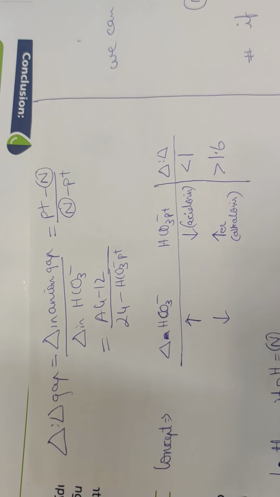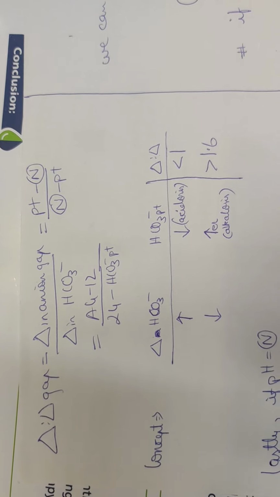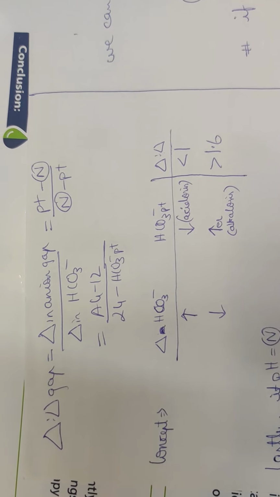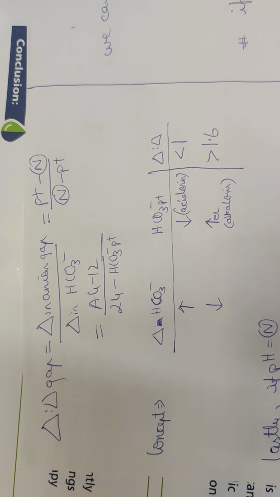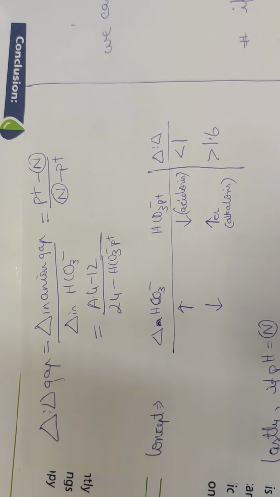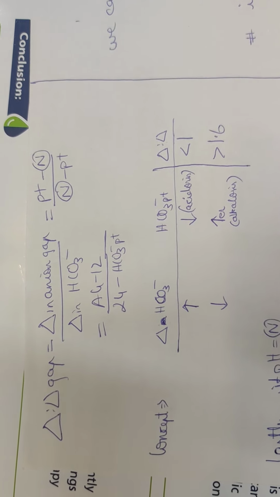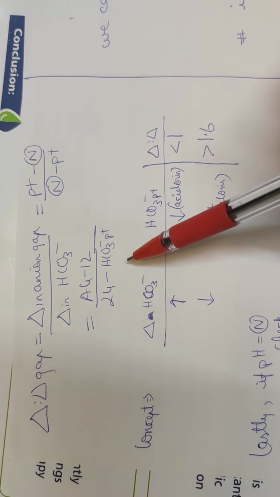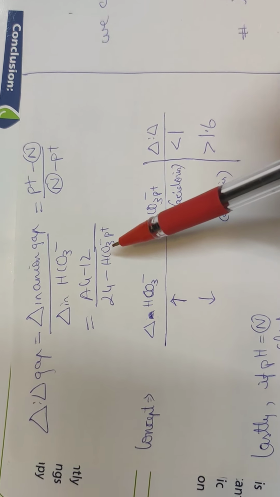So in this case, delta anion gap would be patient's anion gap minus normal anion gap, divided by delta bicarbonate, which is normal bicarbonate minus the patient's bicarbonate. So usually you'll end up with this formula: anion gap minus 12, divided by 24 minus patient's bicarbonate, where 24 is the normal bicarbonate.